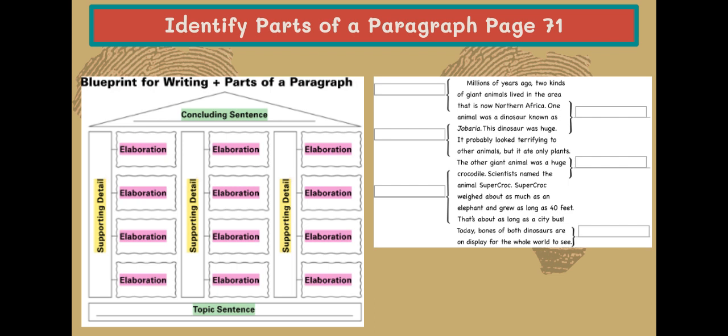What color should that sentence be highlighted and why? One animal was a dinosaur known as Jabaria. What color should that sentence be highlighted? Are there any other markings that should happen in that sentence? Why should that sentence be highlighted that color?